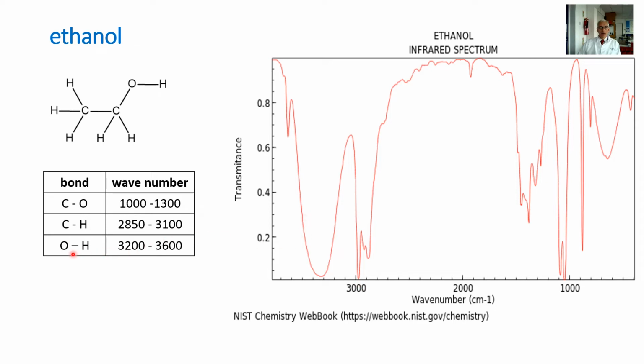And then we have the oxygen-hydrogen bond in alcohols at 3200 to 3600, and we clearly have an absorption peak here corresponding to that. So, using this data and looking at this molecule, we can predict the absorptions we would expect to see. More usefully, we can irradiate a molecule, and by interpreting the absorptions via this data, we could suggest what bonds would be present in the molecule.